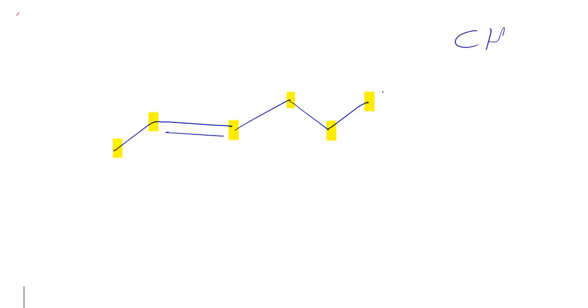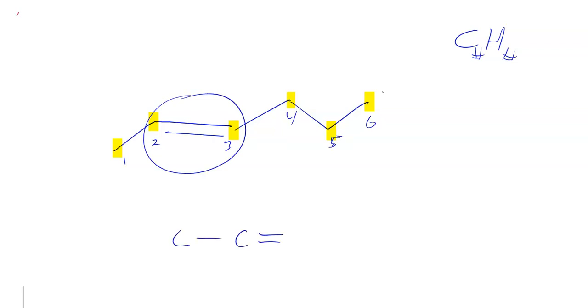Organic is all about hydrocarbons. So the hydrogens stick on there. So if we wrote this thing out, we would have 1, 2, 3, 4, 5, 6 carbons and a double bond between the second and third. So carbon, carbon, double bond, carbon, carbon, carbon. So we will sprinkle in the hydrogens to make it work.